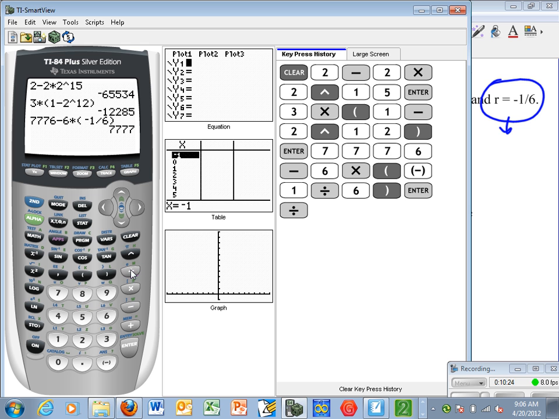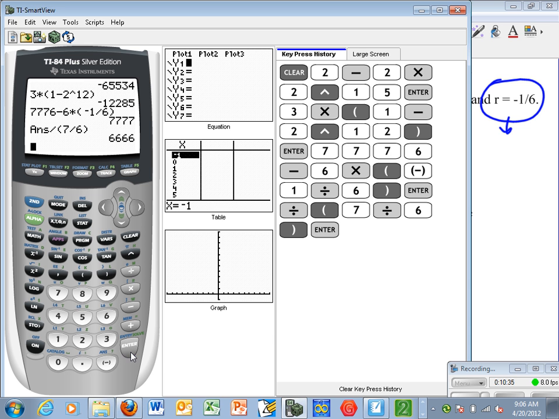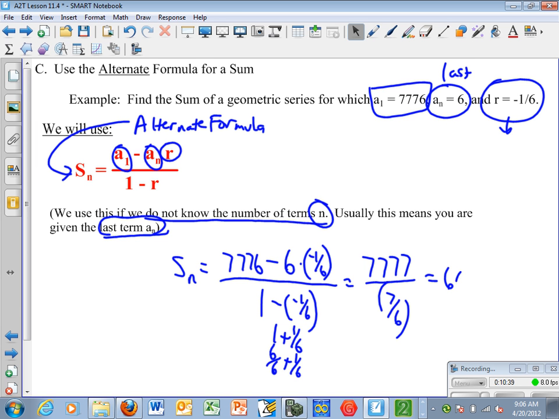I'm going to hit divided by, and then in parentheses, 7 divided by 6. You cannot round off decimals, otherwise you won't get the proper sum. So we get 6,666. There is the sum for that geometric series.